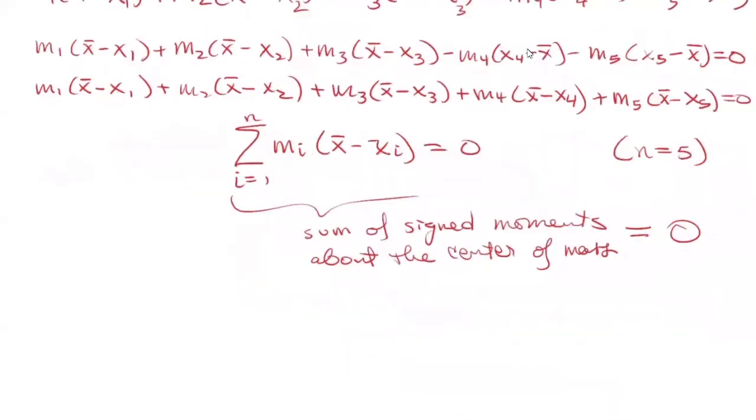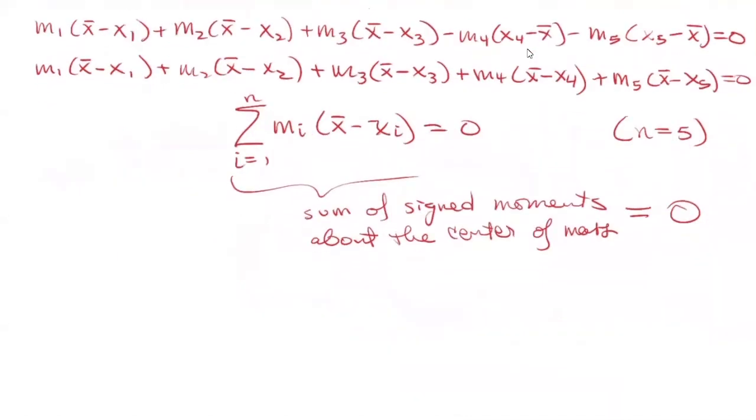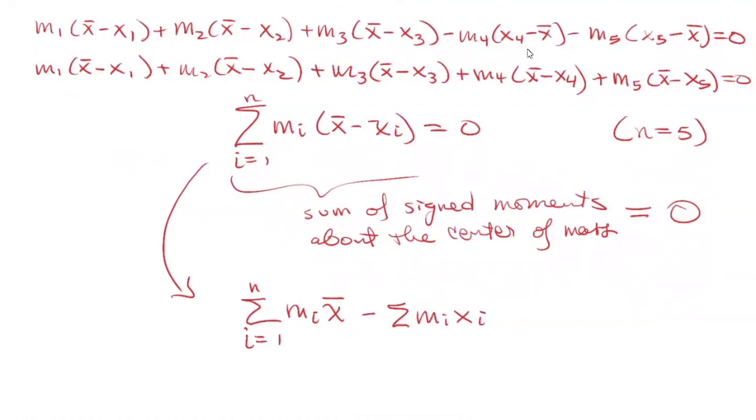Okay, and then what we're trying to do is solve for the center of mass. So we're just going to do a little distributing. You could write this as the sum where i goes from 1 to n of mi times x bar, minus the sum of mi times xi, where i goes from 1 to n.